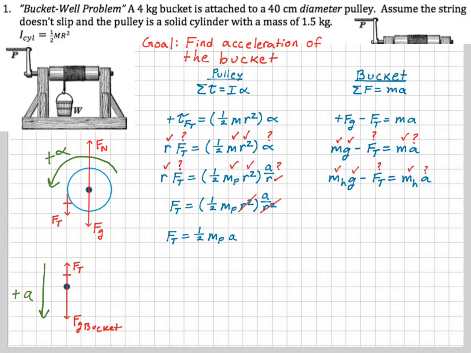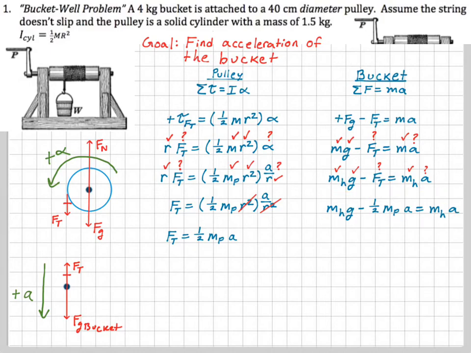One thing I should mention is that earlier on in this step, I added some coefficients to the masses so that we could keep them straight, because when we do our substitution now, we're going to have different masses, and we want to not mix them up. So, for example, we're going to substitute 1/2 mass of the pulley times a in for force tension. And now our net force equation becomes this right here.